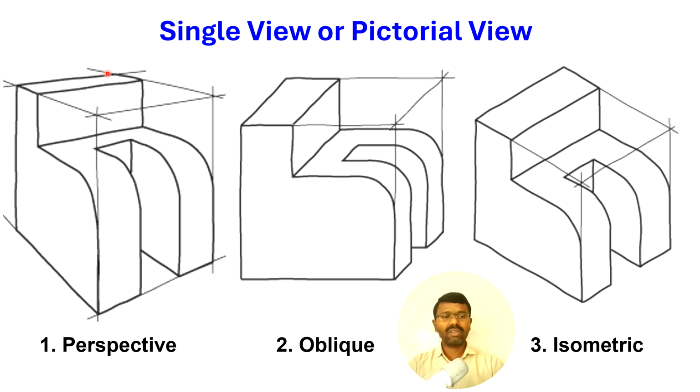So in the perspective view, the dimensions change along with the distance from the observer. That is why it is very difficult to draw, and that is why they implemented the oblique view.